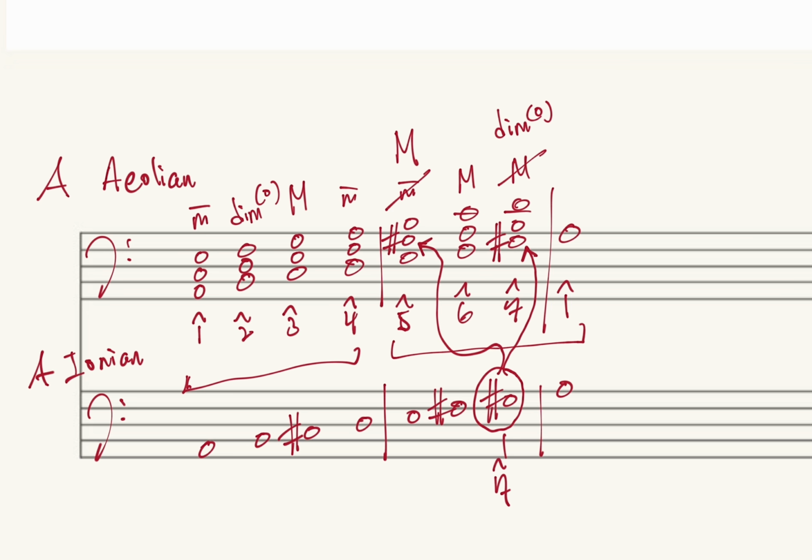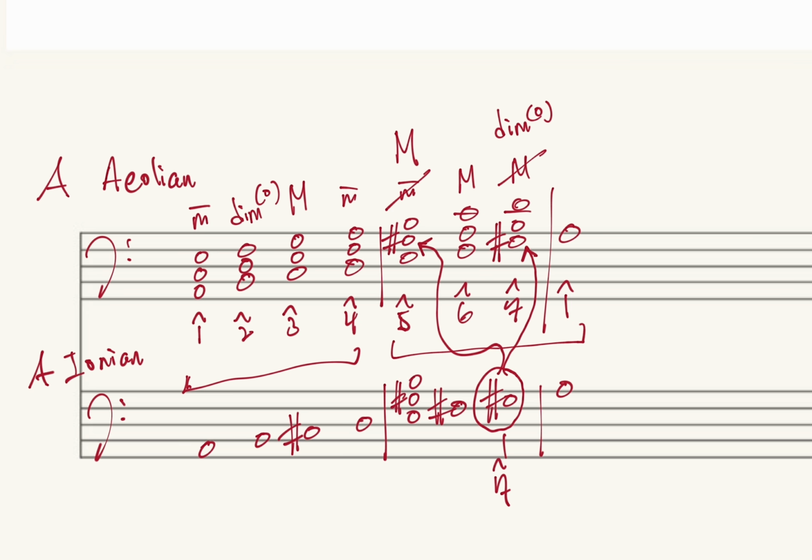You'll notice that the chord built on scale degree 5 and the chord built on scale degree 7, the dominant and the leading tone triads respectively, are the same as they would be in the parallel Ionian mode. That is, if we build a dominant triad in A major, A Ionian, it's going to be E, G sharp, and B. That's a major triad.